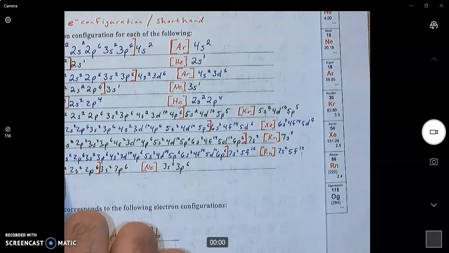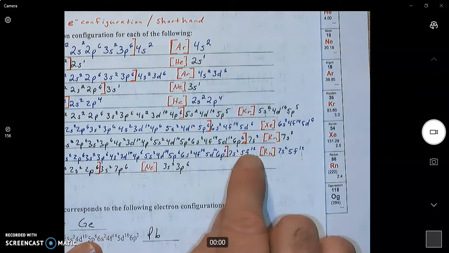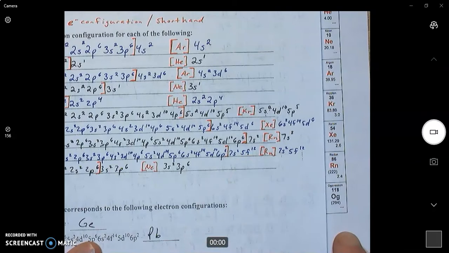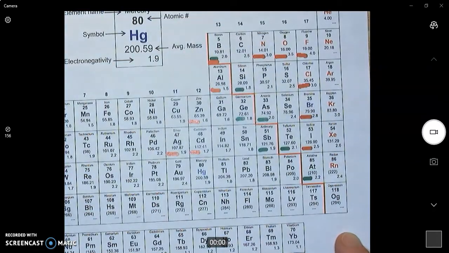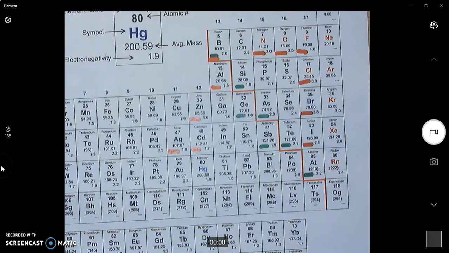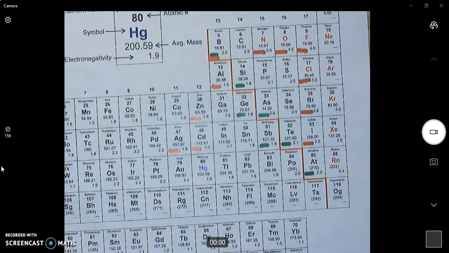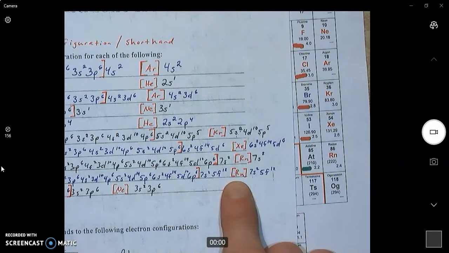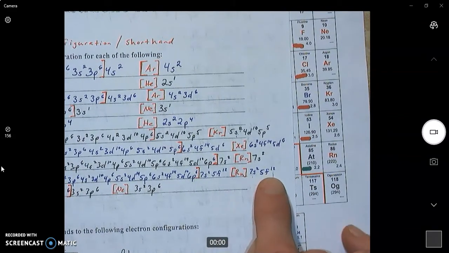Fermium would be all the way through 5f12. To find the noble gas for fermium, remember that this is actually the 5f, which is in the 7th row. So we're going to go to the end of the 6th row. We're going to put radon in brackets, and then we're going to do 7s2, 5f12. So radon in brackets, 7s2, 5f12.